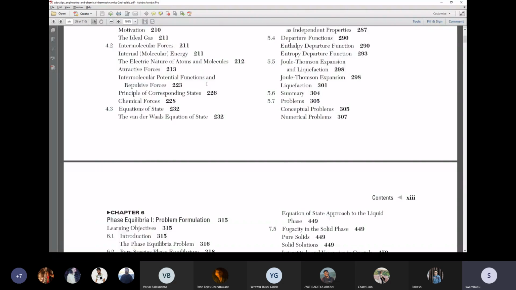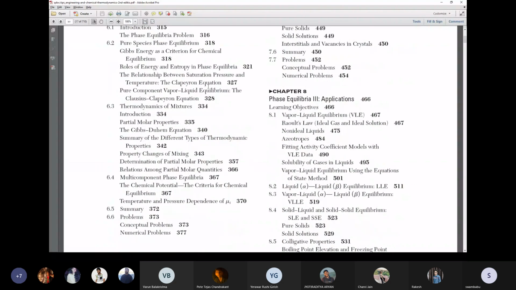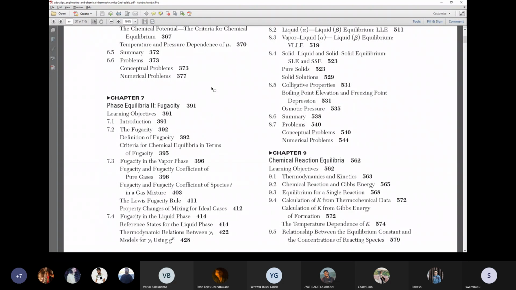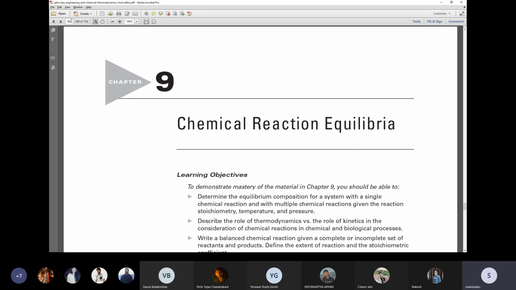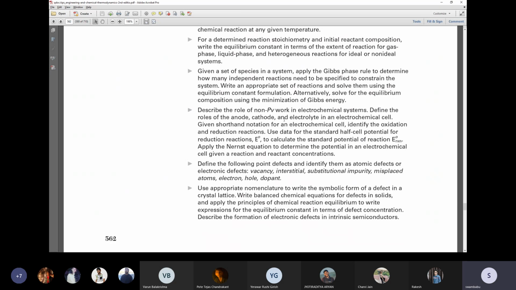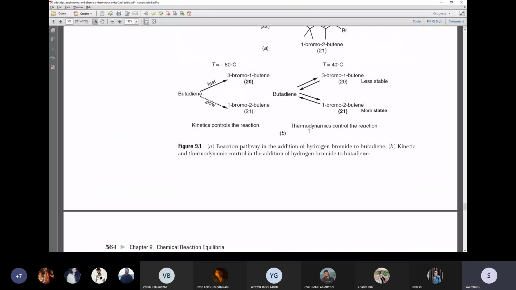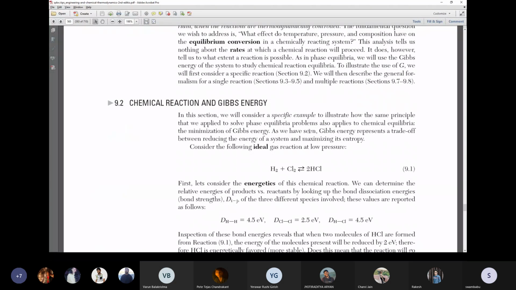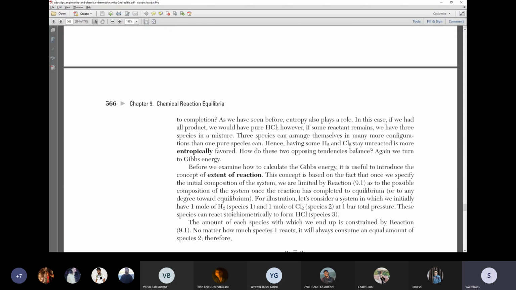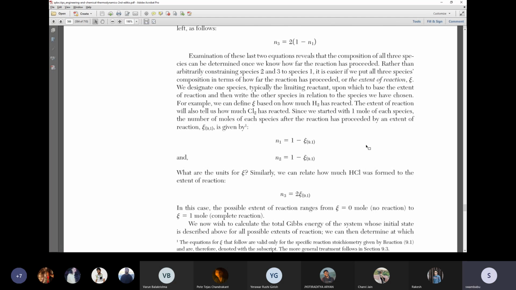I just want to go to the chapters. Phase equilibrium, page 562. It's chemical reaction equilibrium. So this is extent of reaction.